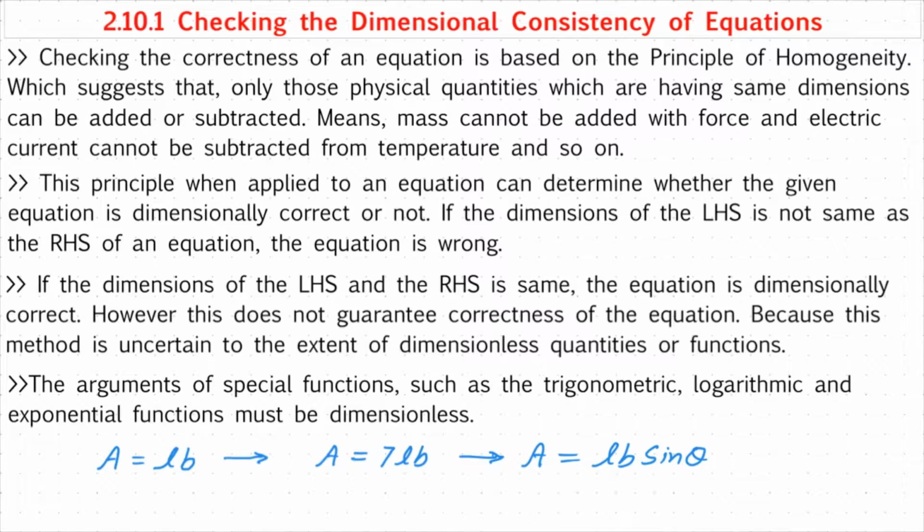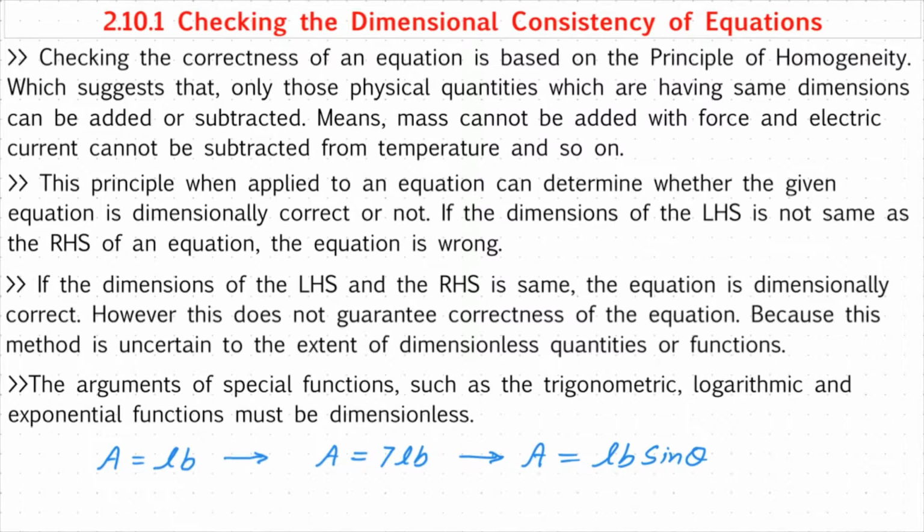So this is a limitation: we can check the dimensional consistency of an equation, but we cannot check the exact correctness of that equation. But still, for primary basic information, dimensional consistency of an equation is very much useful.